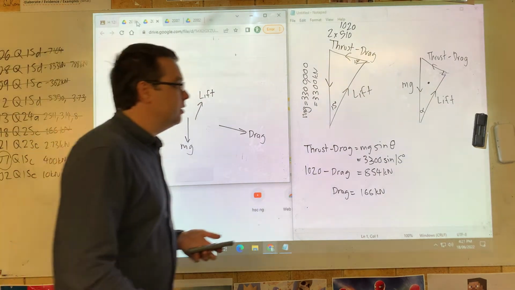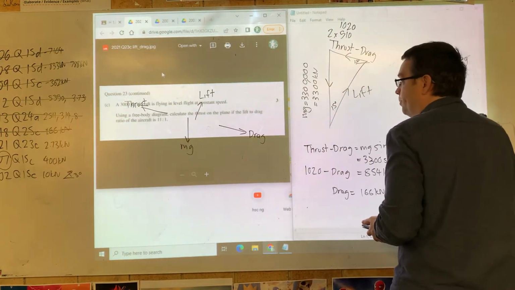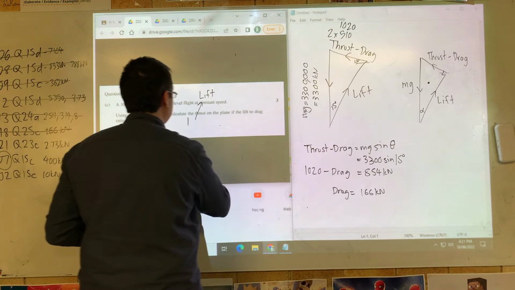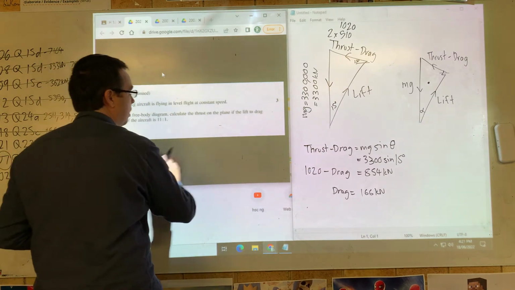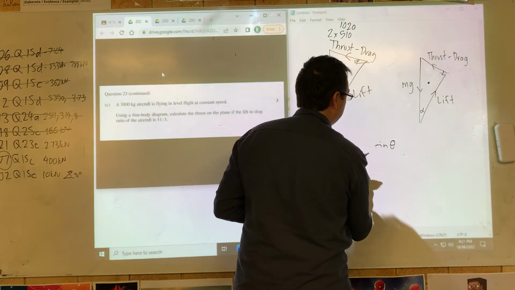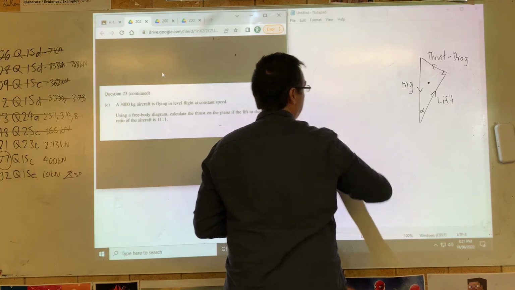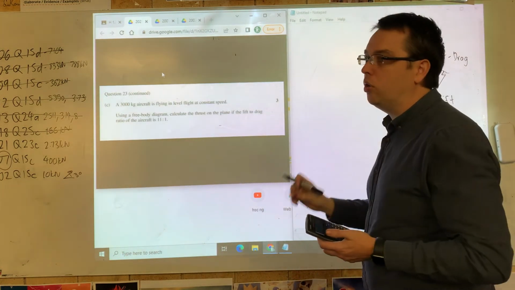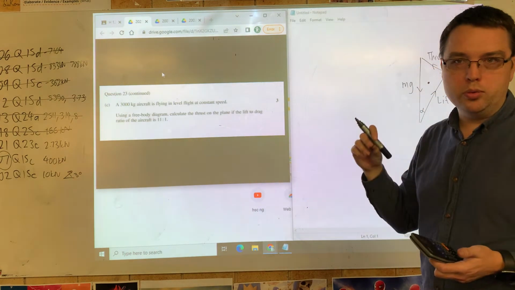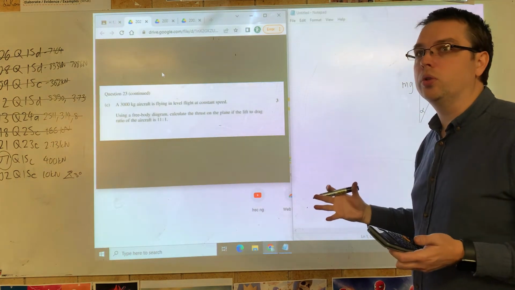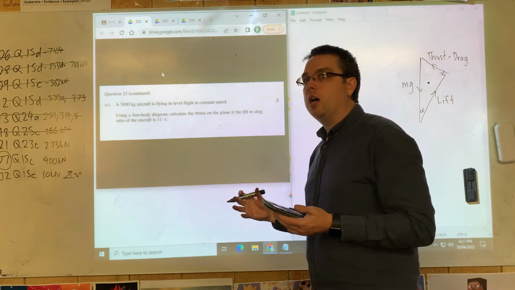This is our last one of this same format. No diagram this time, but we're going to draw a diagram anyway. I definitely recommend that you draw the diagram. A lot of students I have who do these questions often don't really know what to do when it comes to lift.